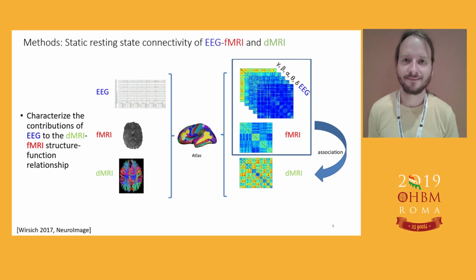The general idea, again, is we put everything into the same atlas. Additionally, here we're using diffusion MRI and doing tractography, and then we get an additional connectome, which we can use in a linear model to measure the correlations between all those values.